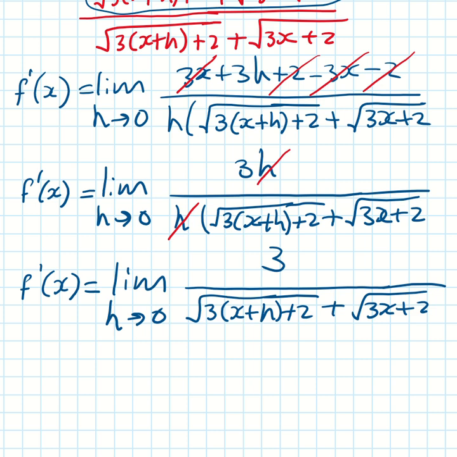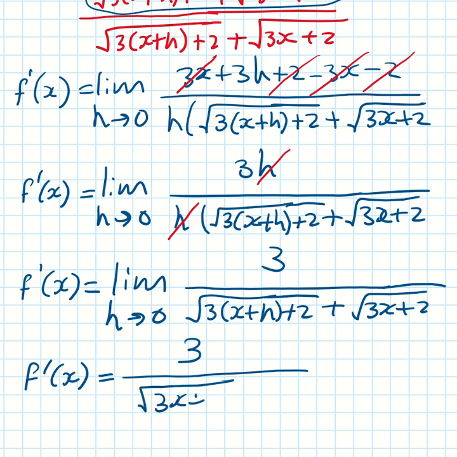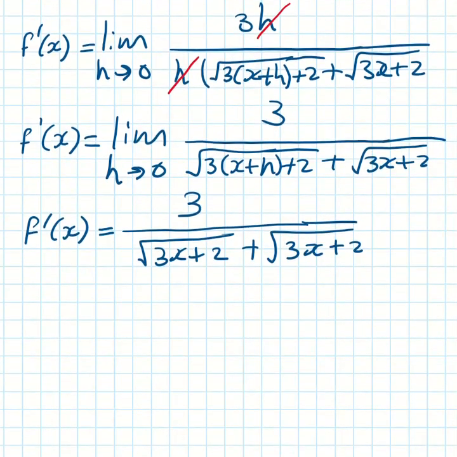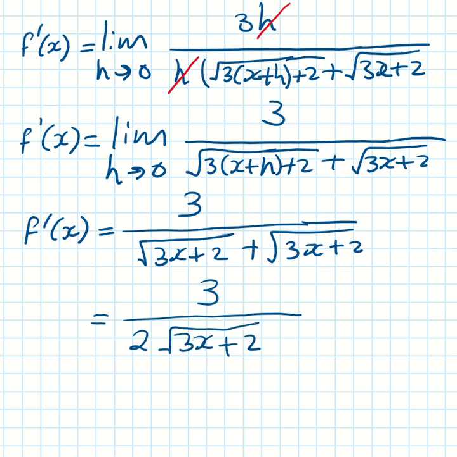Now we can apply h equals 0 to the equation, and what we get is f dash x equals 3 over, in the denominator, the square root of 3x plus 2 plus the square root of 3x plus 2. Eventually, if we want to tidy this up, it's 3 over 2 square root of 3x plus 2. And that is the answer.